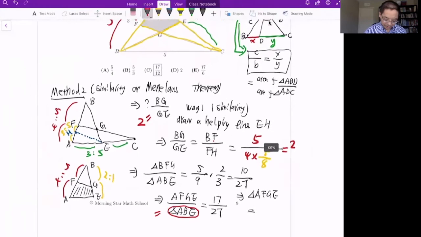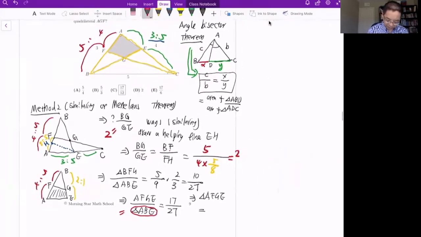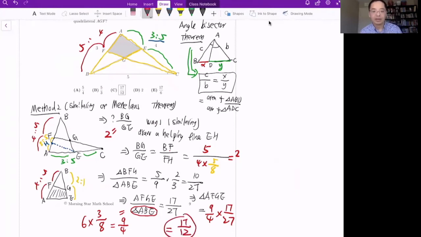ABE equals, let's recall, 6 times 3 over 8, so that's 9 over 4. Then this will be 9 over 4 times 17 over 27, and just with cancellation we get 17 over 12. We recall the same result.